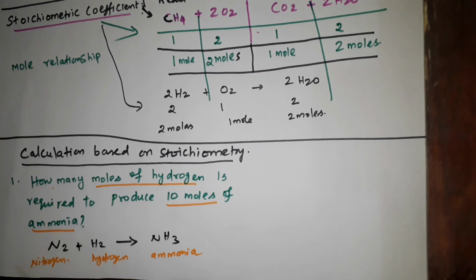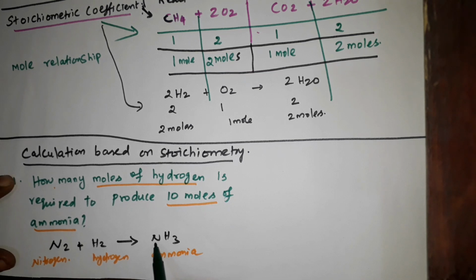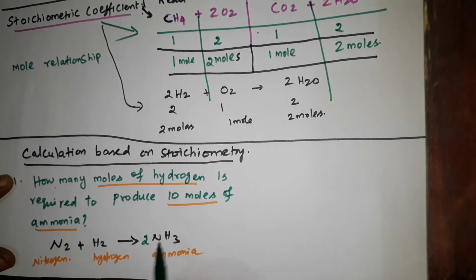So the first step for the calculation is to balance the equation. How to balance the equation? See here, nitrogen: 1 on the product side, on the reactant side there are 2 nitrogens. So put 2 here.